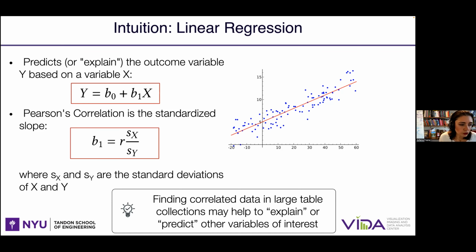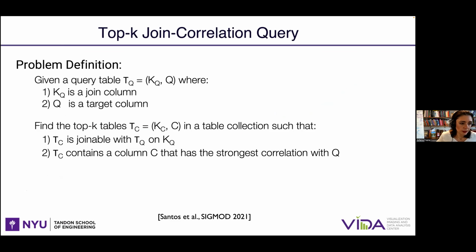So the problem that we try to solve more formally is what we call top-K joint correlation query, which, given a table that has a key column, a join column, and a target column Q, you'd like to find the top K candidate tables such that the table TC is joinable with TQ on the key. And the table TC contains a column that has the strongest correlation with the variable Q, right?